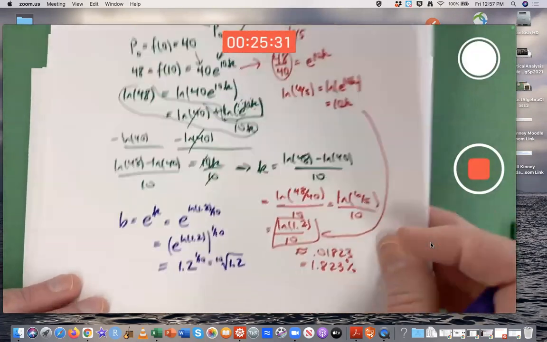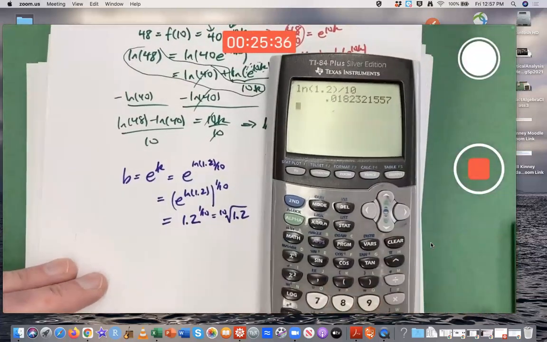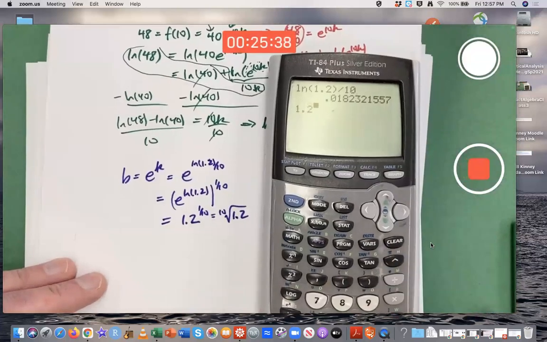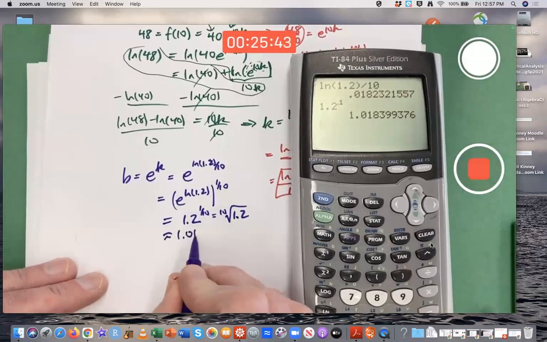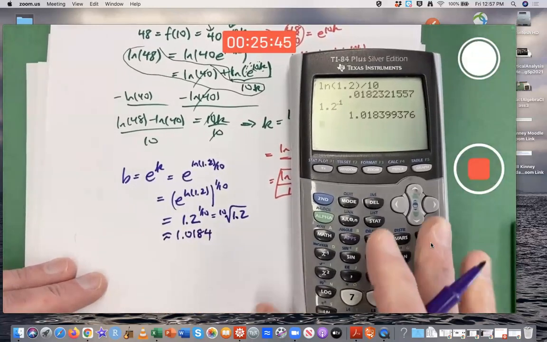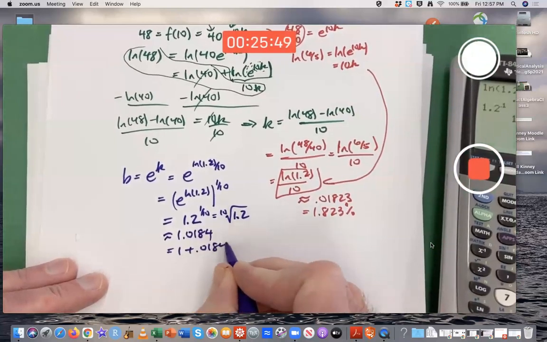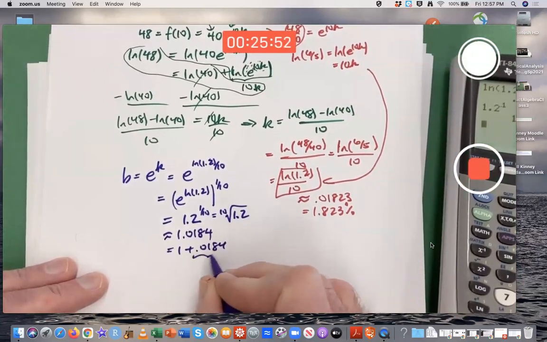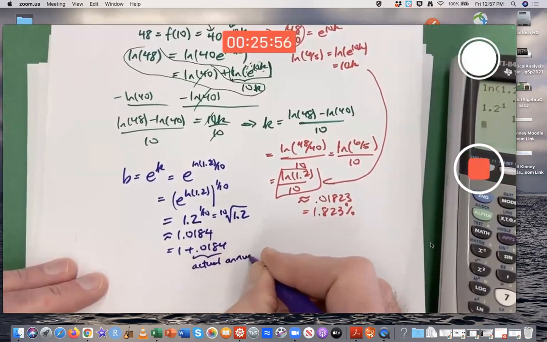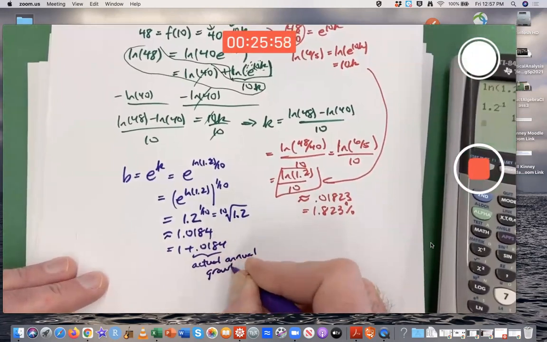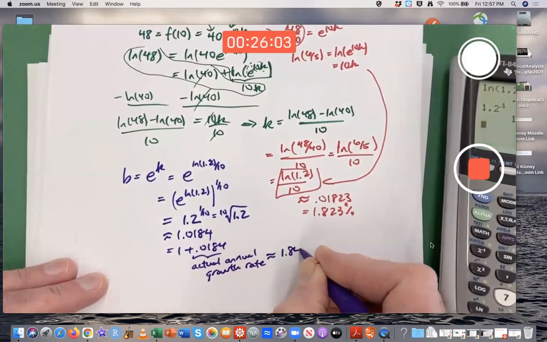But now we want the growth factor over 1 year. That's this root here, which you can do as a 1/10 power, 1.2 to the 0.1. It's about 1.0184. 1 plus 0.0184. That means the actual annual growth rate is approximately 1.84%.